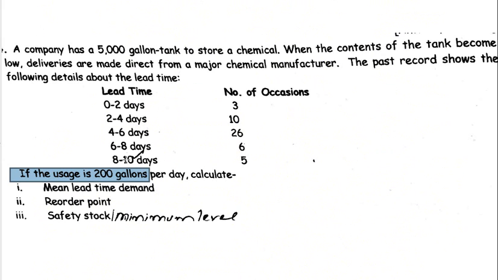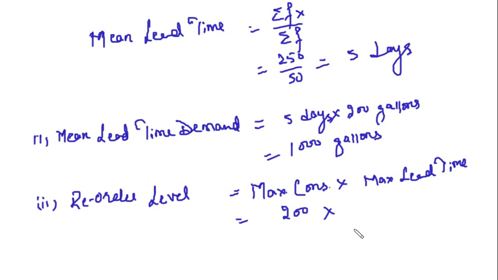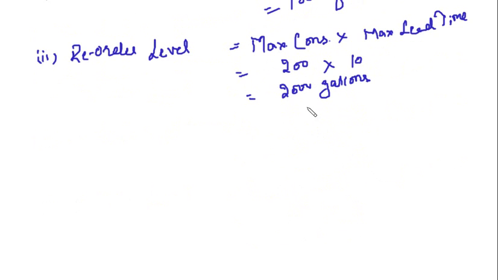If you see the question, the maximum lead time is 10 days. At most it has taken 10 days. So what is the maximum lead time? 10 days. So 2000 gallons. So that means when you have 2000 gallons left in your tank, you must place a new order.